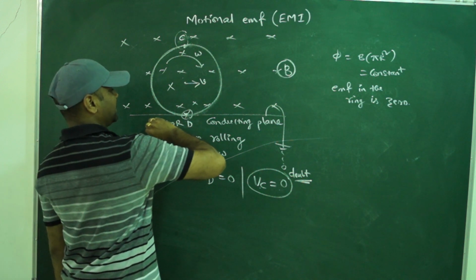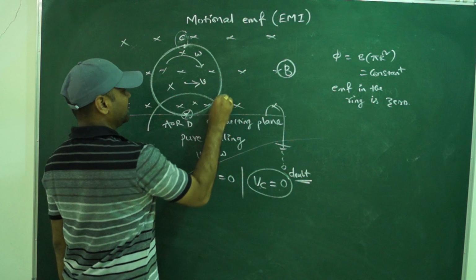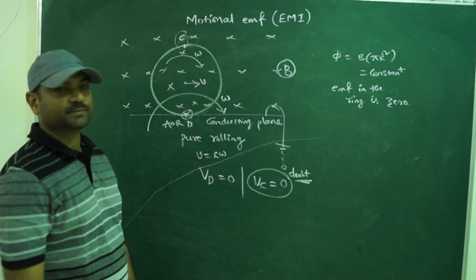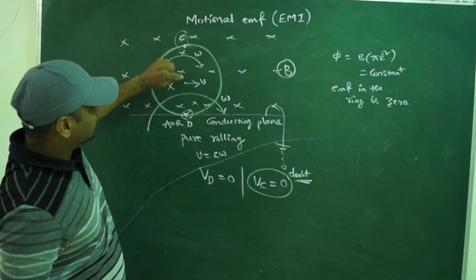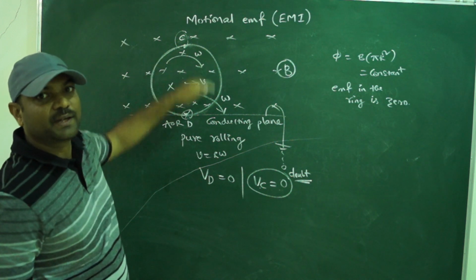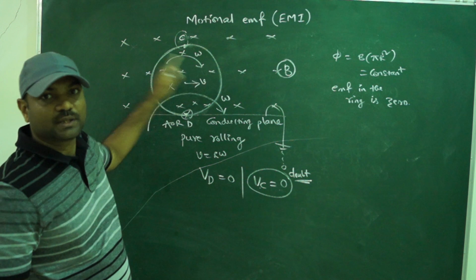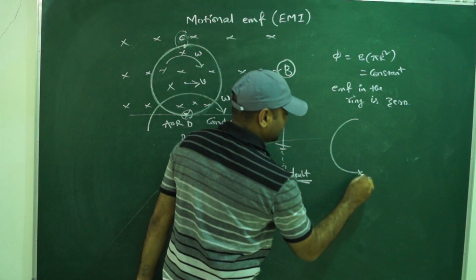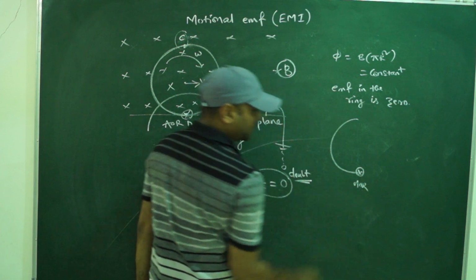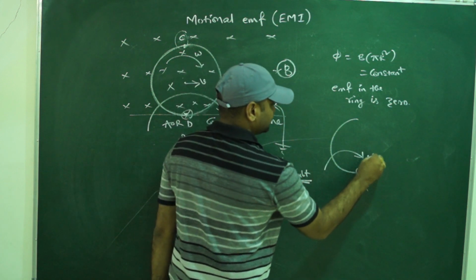With respect to the instantaneous axis of rotation, the ring is in purely rotating motion. If I take the axis of rotation passing through the center, it will exhibit rolling, which is combined motion.